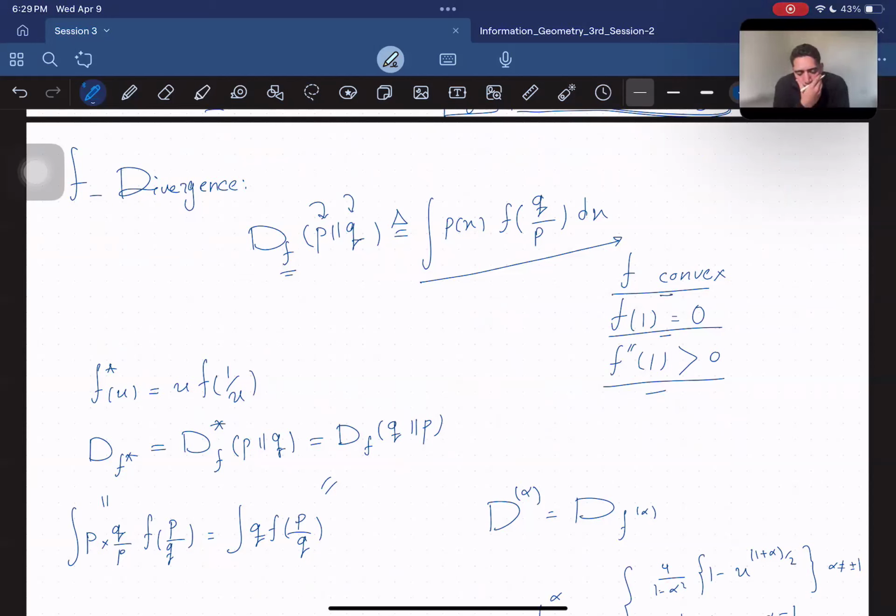Okay, let's do some calculation just to get handy with the F divergence.